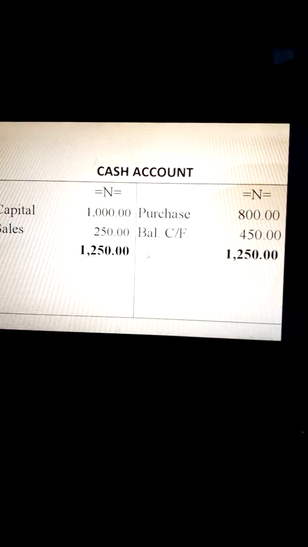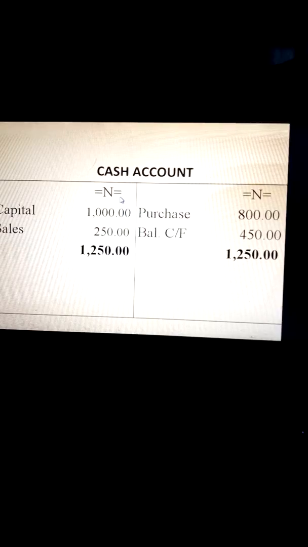Now, the first transaction was 1,000 naira that was injected into the business by the owner. So that means that 1,000 naira is the capital or equity of the owner to the business. So what are the two accounts that are involved?